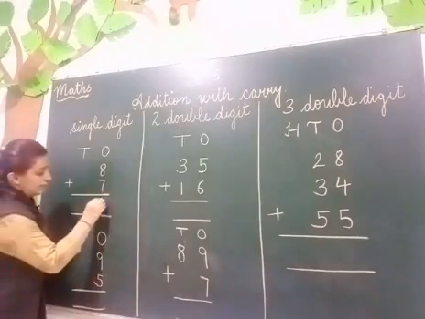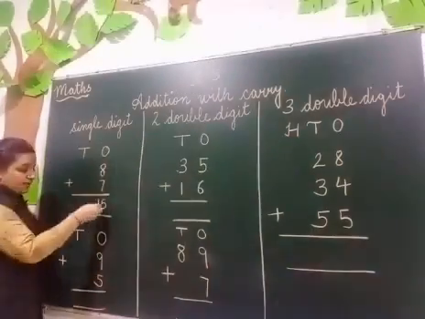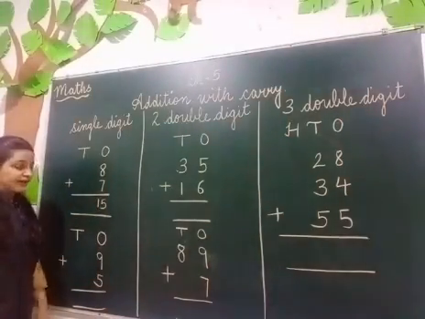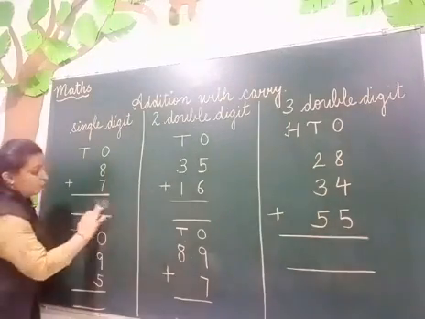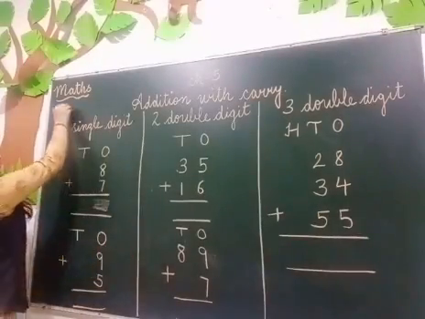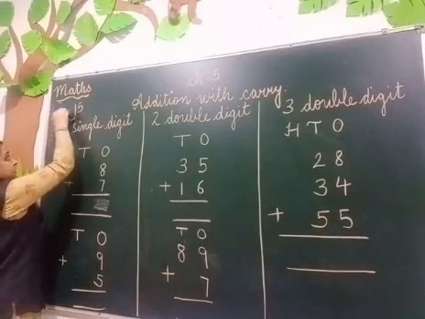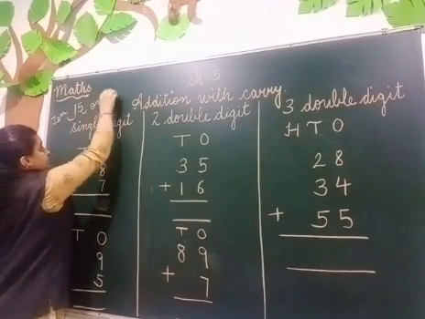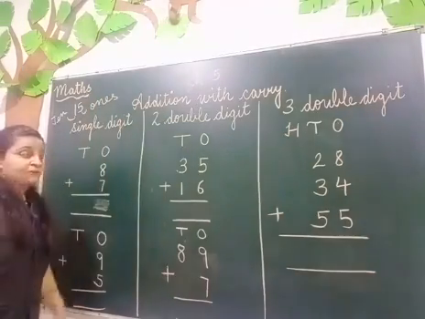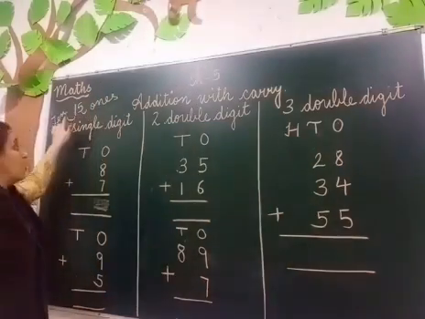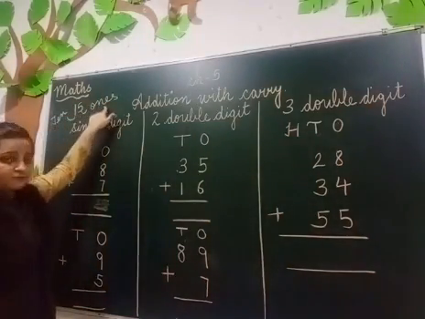You can't write the 15 under one's place. You can't write like this, no? 15. Why? Because this 15 is having 1 tens and 5 ones. Yes, 15 is made up of 1 10 and 5 ones.